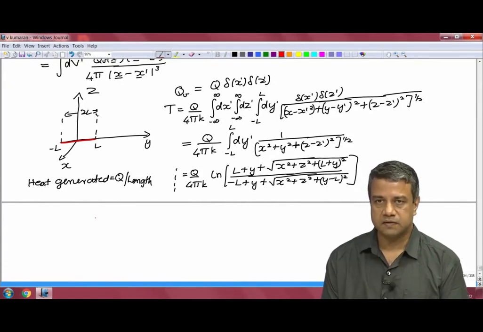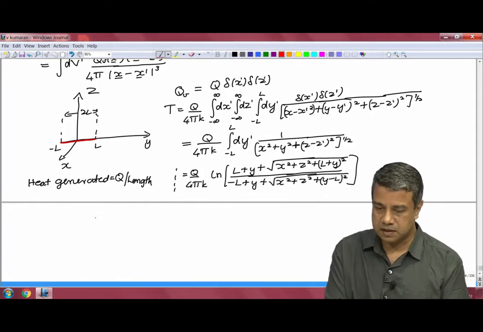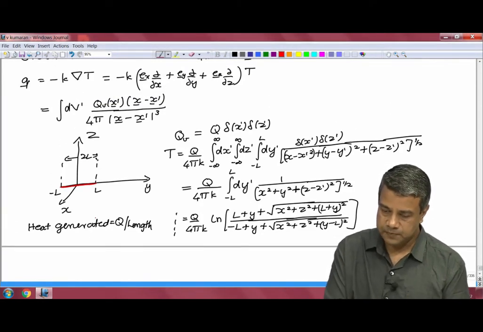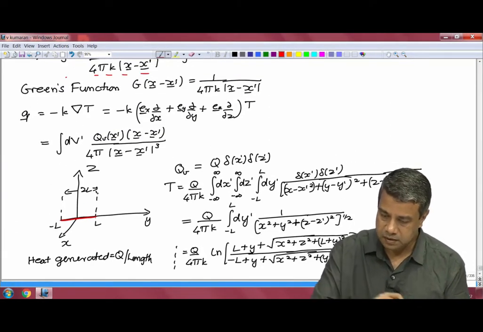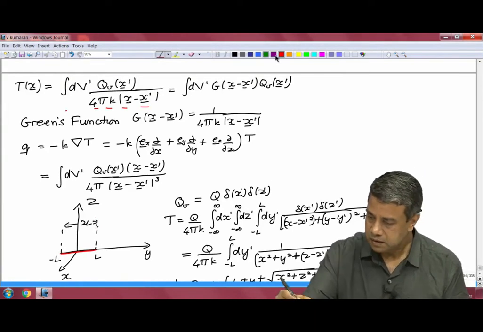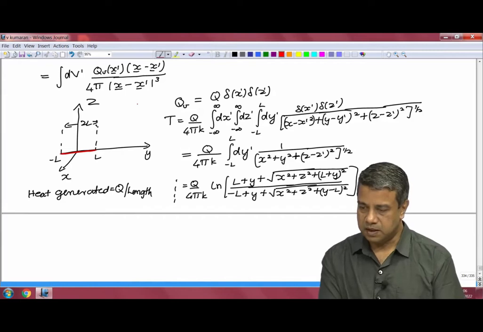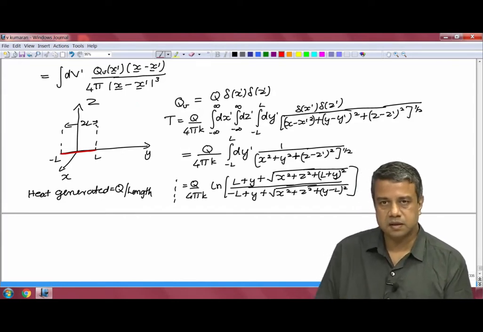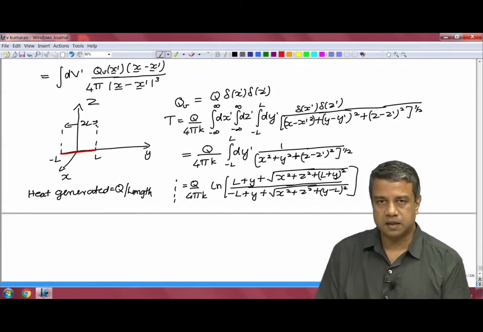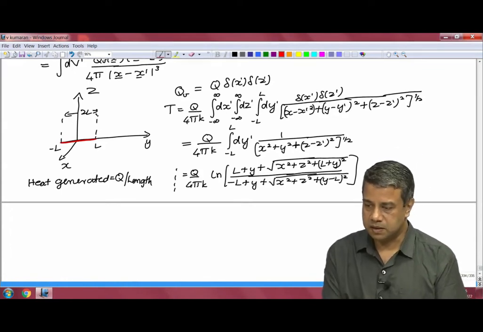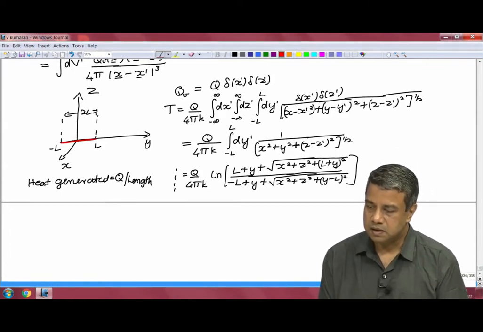And for this delta function source I had straight away applied this formula for the temperature field, the source divided by the distance between the source and the observation point, delta of x prime, delta of z prime divided by the distance.